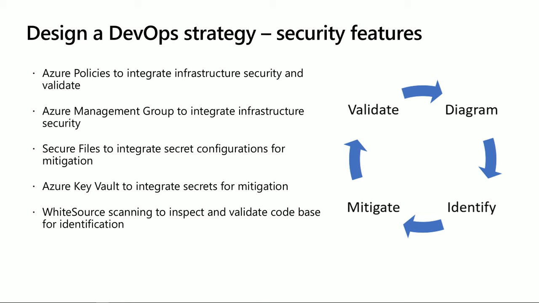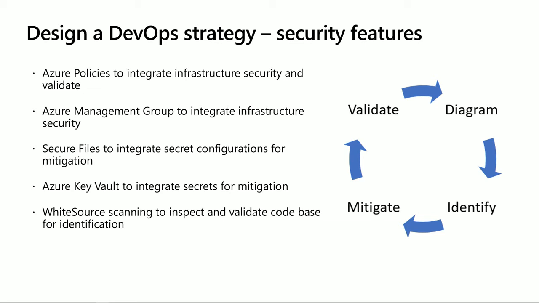And the last part of this is Azure policies, management groups, secure files, and Key Vault. Just understanding the differences there. Azure policies are all about infrastructure policies. Sometimes you need to put in place a JSON file that explains what network ports are open, or how many instances of your server are going to be running, like an auto-scale group. And sometimes you need a management policy that says these groups have access to these systems.